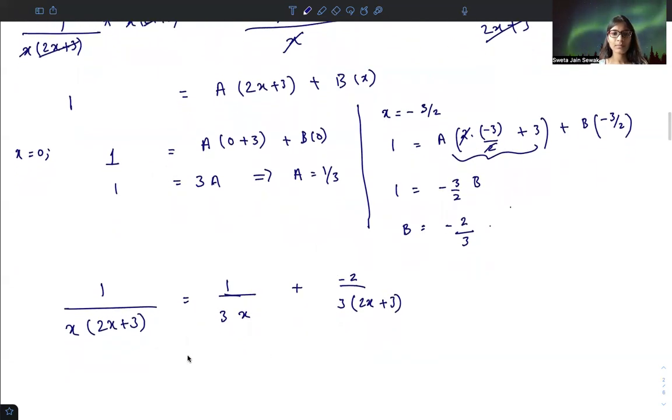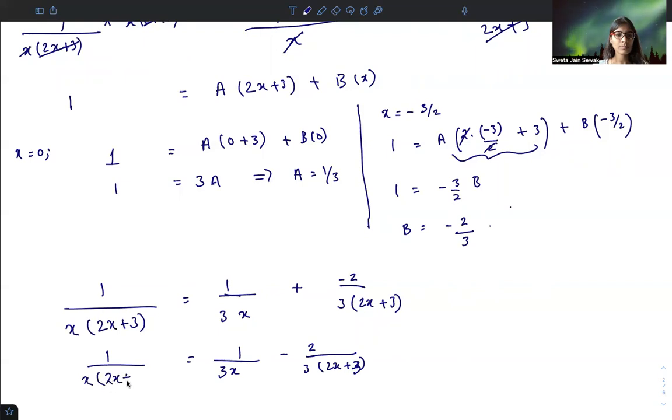This can now be simply written as 1 over 3x minus 2 over 3 times 2x plus 3. So we took one single fraction and wrote it as 2 partial fractions. That's our case 1.